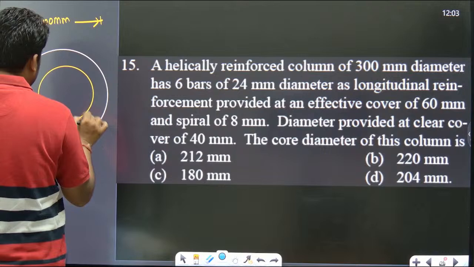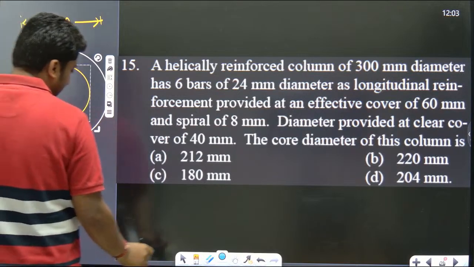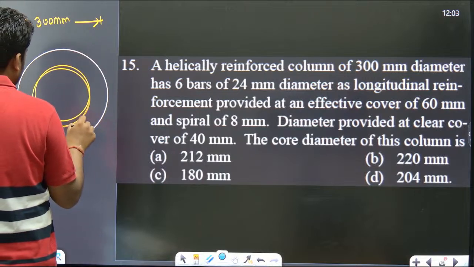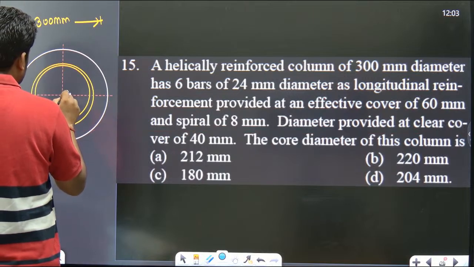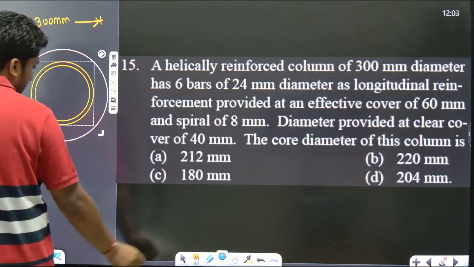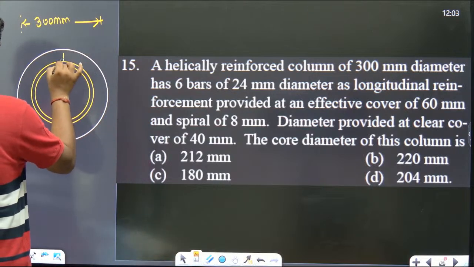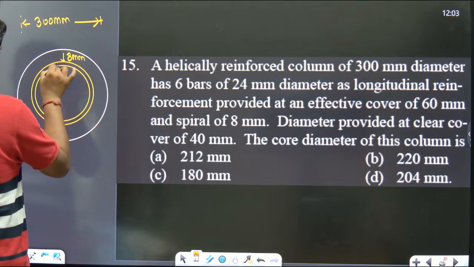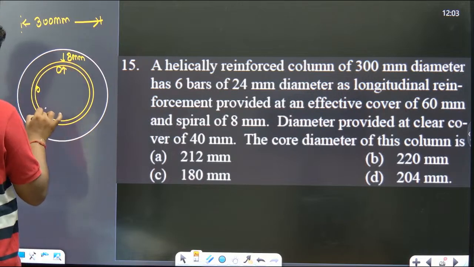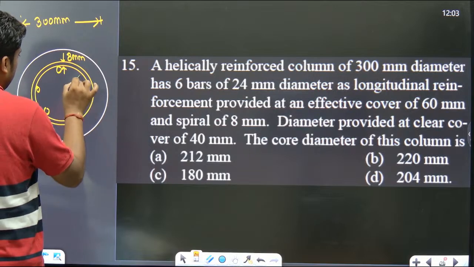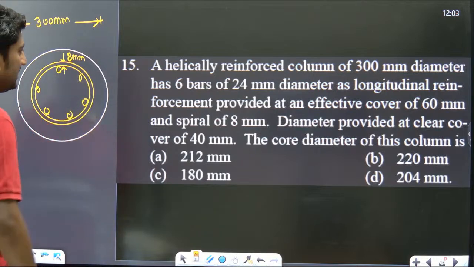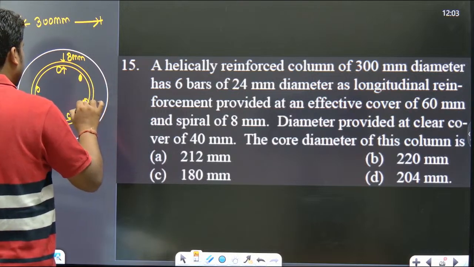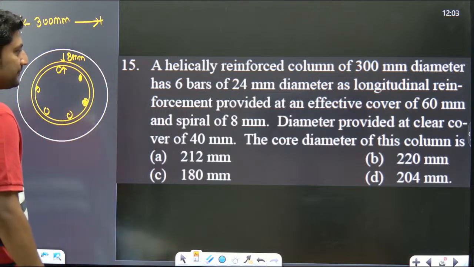Understood everyone? Spiral diameter is 8 mm. These bars are of 24 mm diameter. These are the main bars.